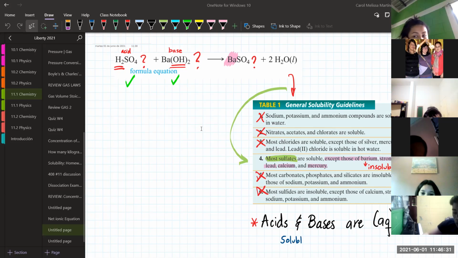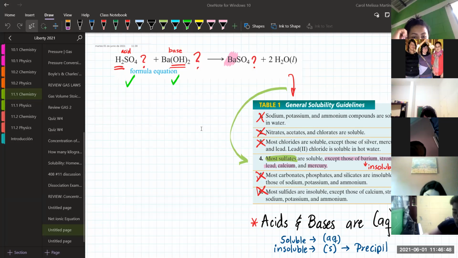Now, keep this in mind. Those that are soluble are going to be in aqueous solution, and those that are insoluble are going to be known as the solids, or what we also know as the precipitate. So far, we have already discovered that barium sulfate is going to be the precipitate of the reaction.